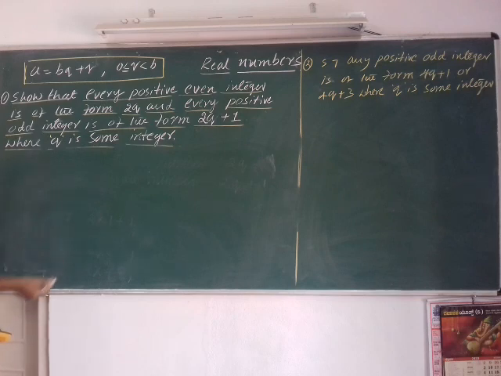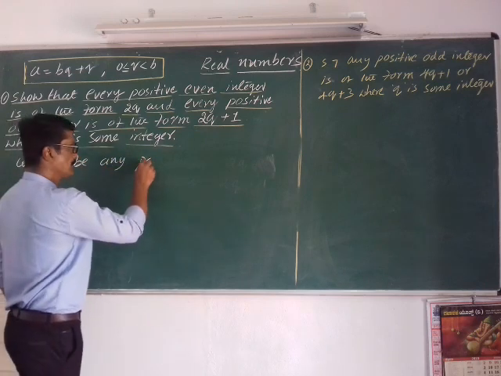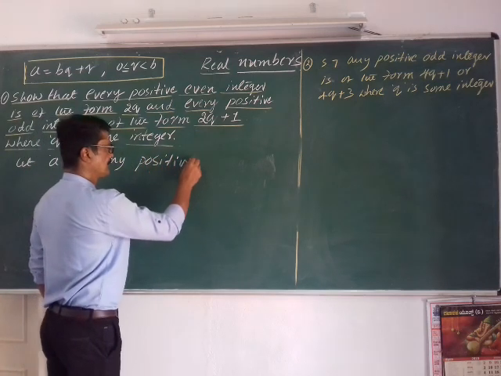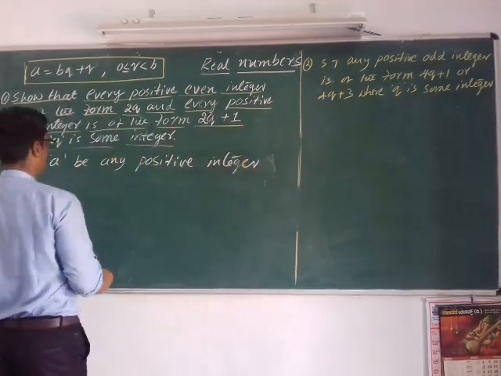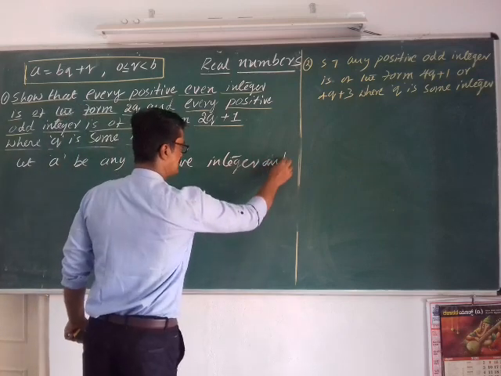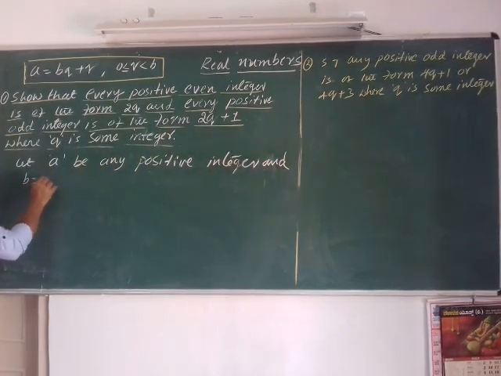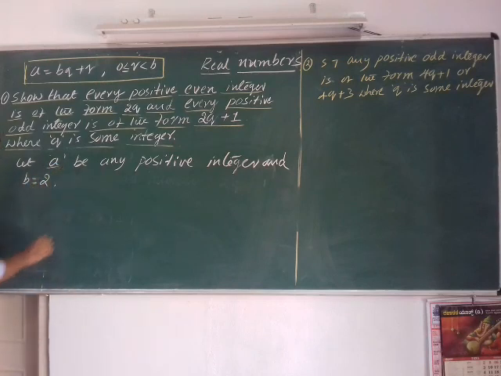Let me generalize the answer. Let a be any positive integer, and b is equal to 2. Dividend is a, divisor is 2.